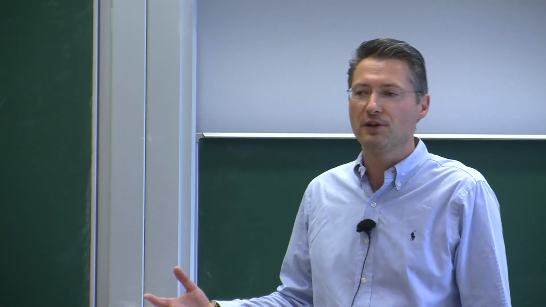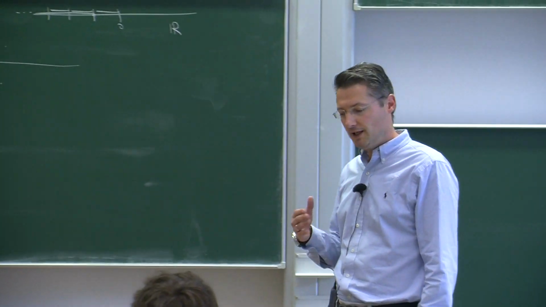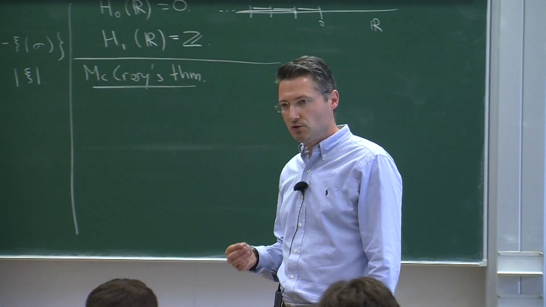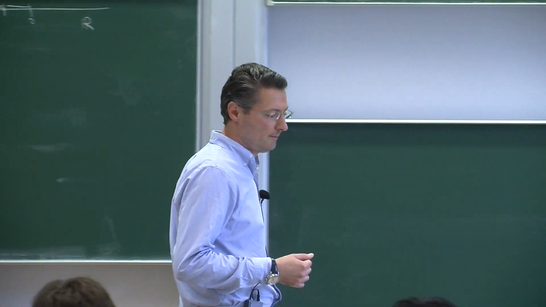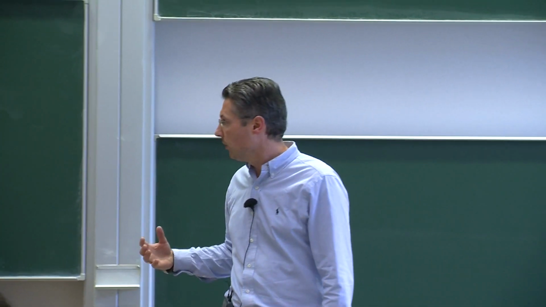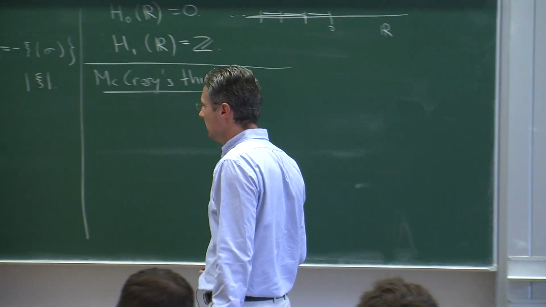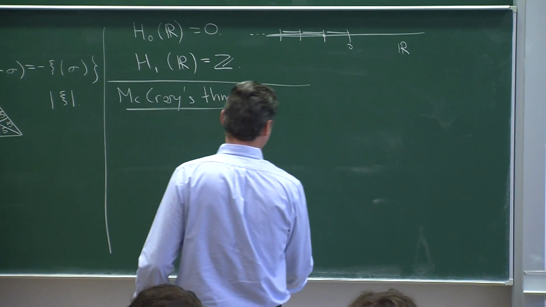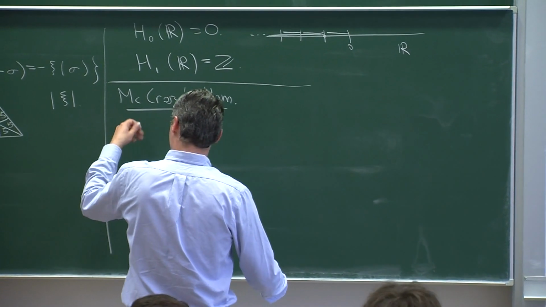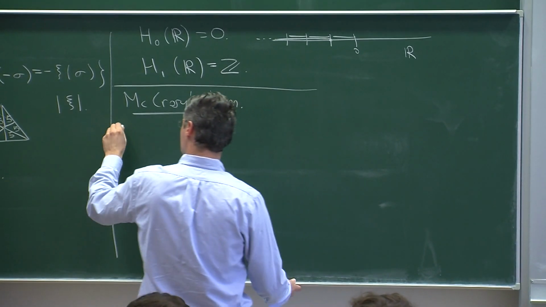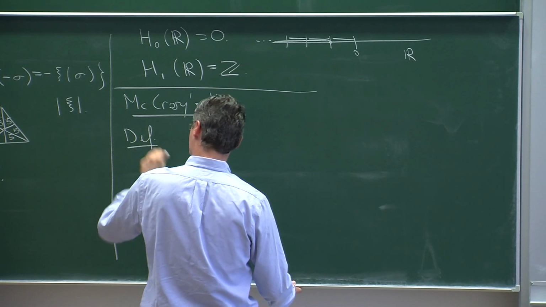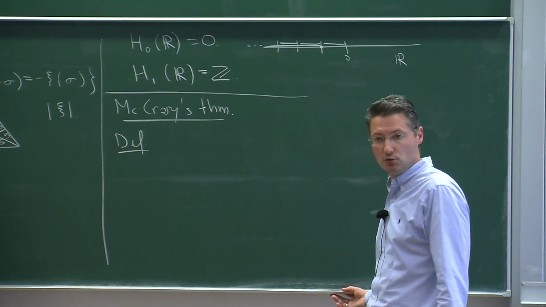We have seen that something goes wrong, but we don't understand exactly yet what it is that fails with this cap product with the fundamental class. So I want to analyze this somewhat more deeply. Before I do that, we should maybe define what an orientable pseudomanifold is.